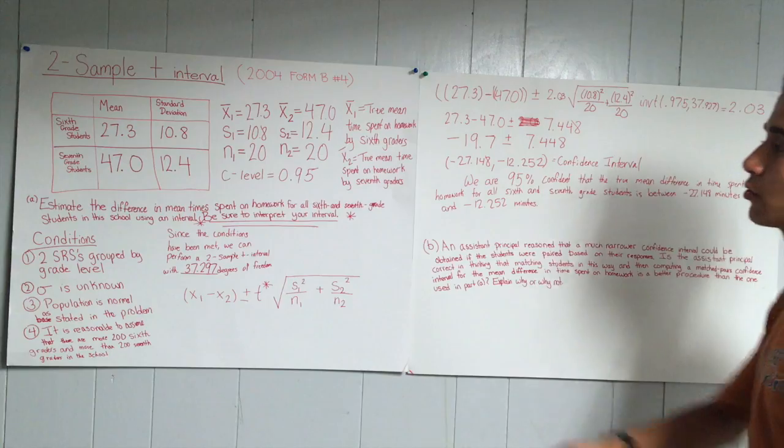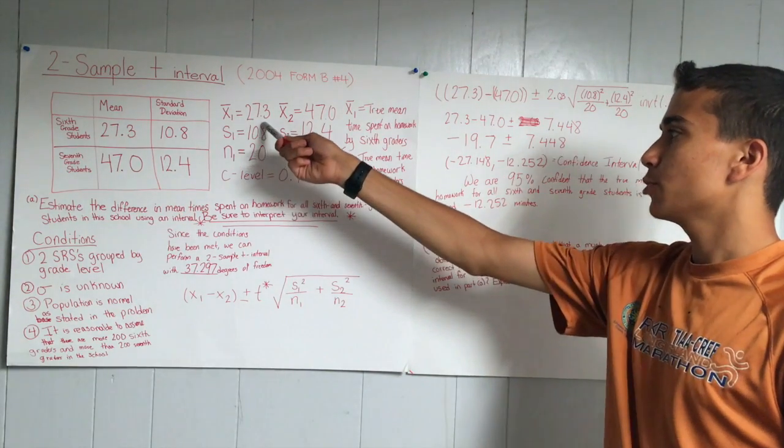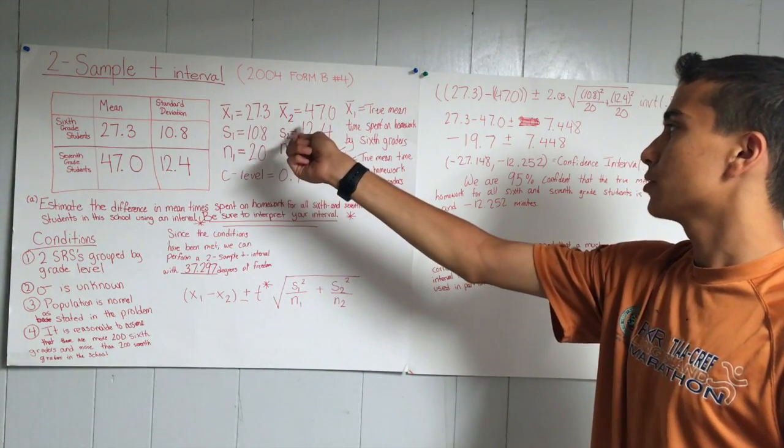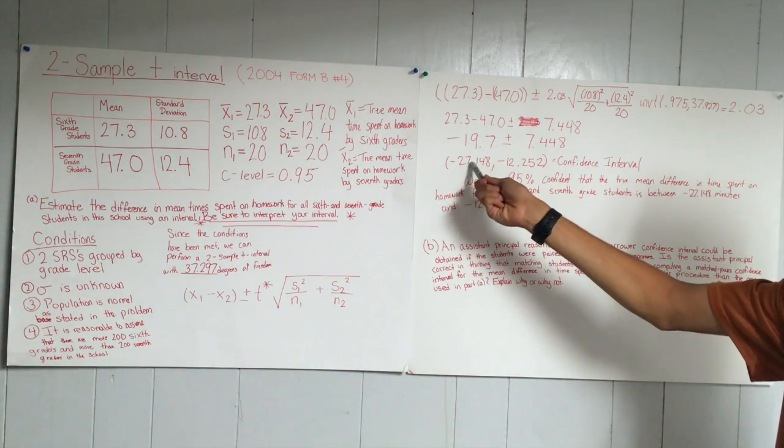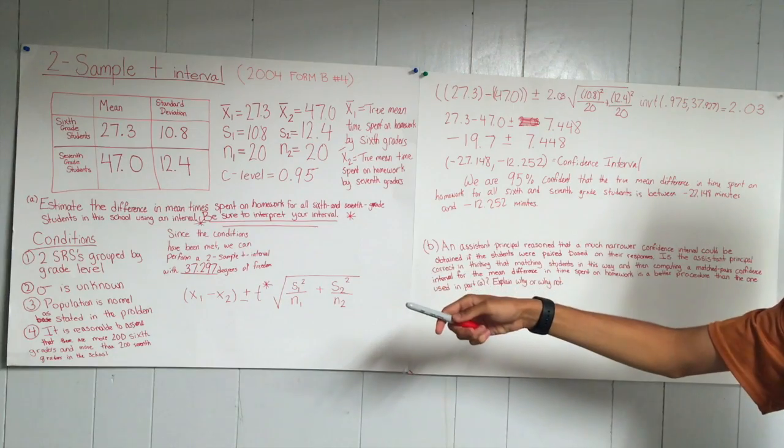Since we used 6th graders as the first sample and the 7th graders as the second sample, and you got negative for both ends of the range, that indicates that 7th graders spend more time on homework.